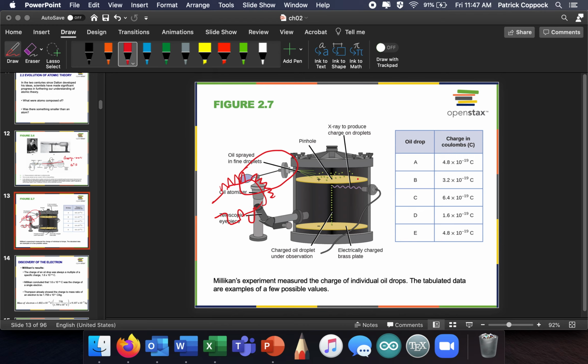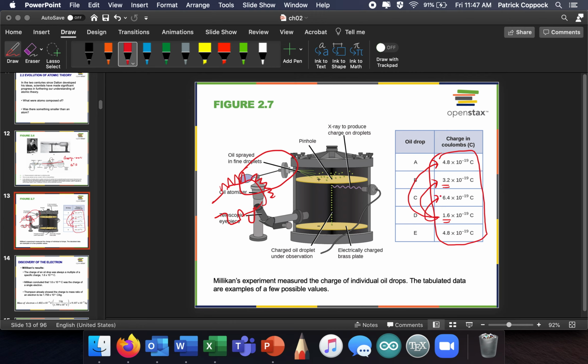And by doing that, he found that the charges of the different oil drops were like this. This is really cool. Look at this. The charges, it turns out, had very precise measures. So look, 1.6 times 10 to the negative 19, 3.2, that's exactly double of that, right? This is exactly triple of that. This is exactly quadruple of that.